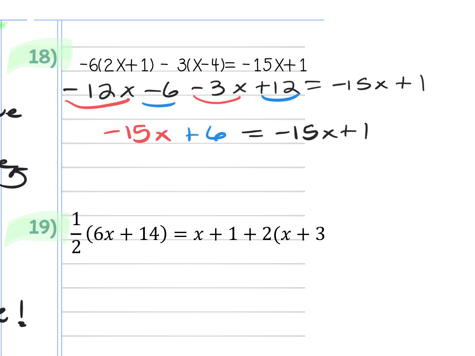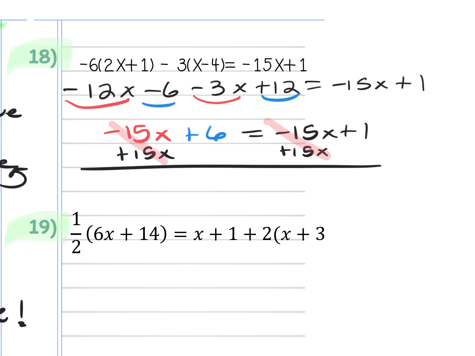And now when I try to group my variables together by adding the 15x to both sides, notice it cancels on both the left side and the right, and you're left with 6 is equal to 1, which will never happen. So no solution, WebAssign, DNE.